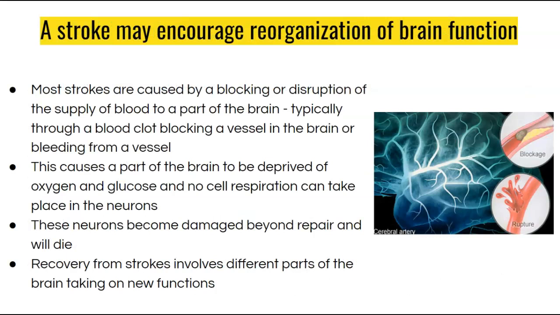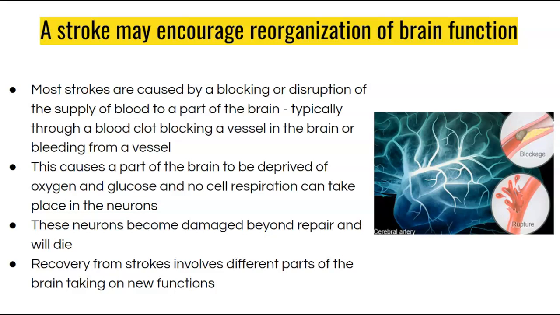So this is what I was talking about, a little bit more in depth, about how strokes can encourage reorganization of the brain. Typically a stroke is a blocking or disruption of the blood supply to a part of the brain. Usually it's a blood clot, or you have a rupture in your blood vessel, so you have bleeding of the brain.